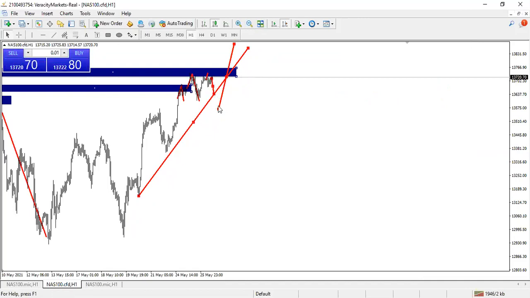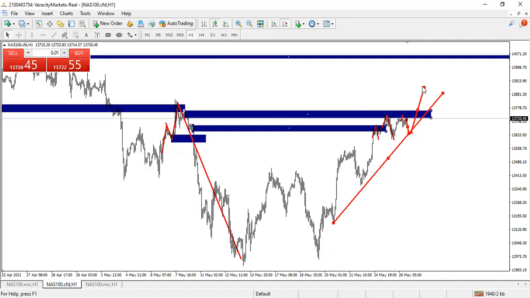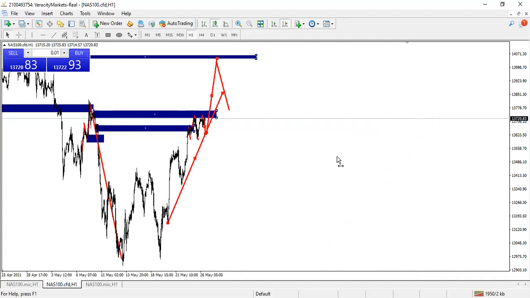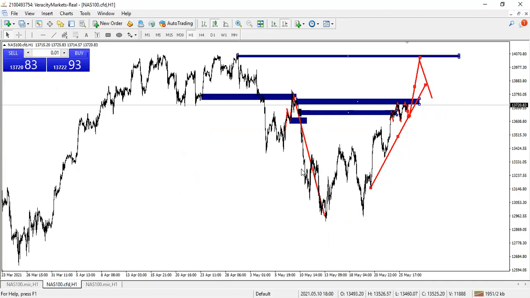Or even here, to come here, then break to test this zone before we can expect a down movement. Are you seeing this?